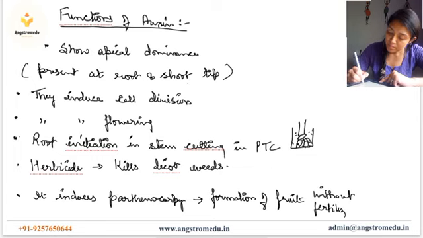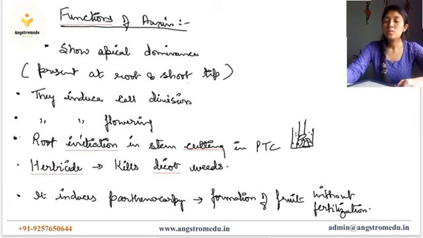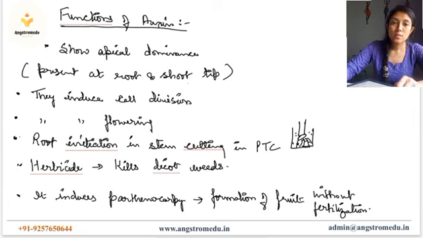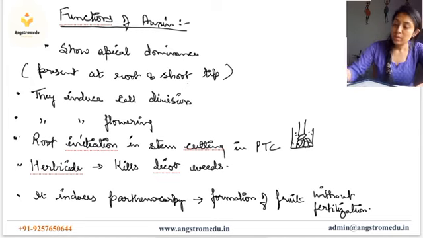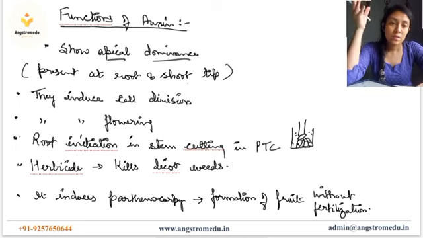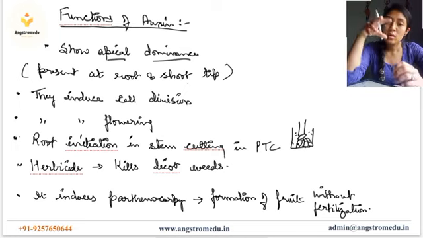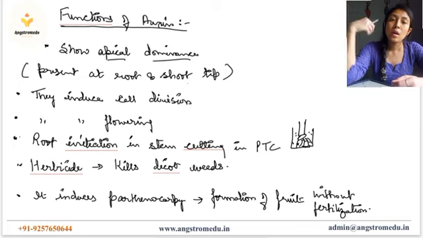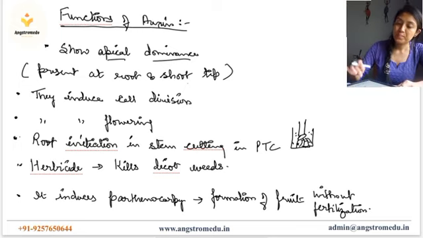So these were the major functions of auxins. Parthenocarpy is also important, where fruit is formed without fertilization. Then next important was apical dominance, that it is present at the tips and thus is responsible for lengthening of roots and shoot tip.